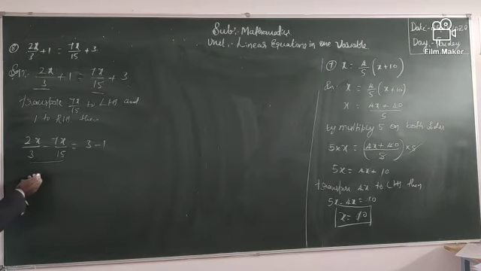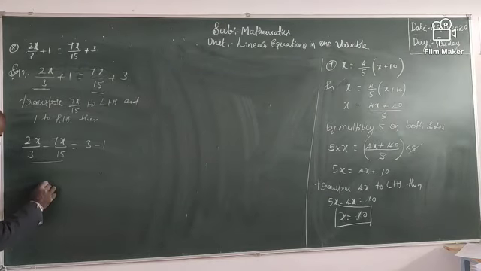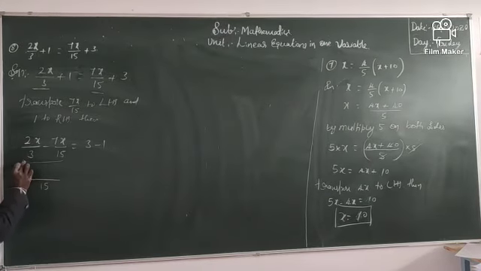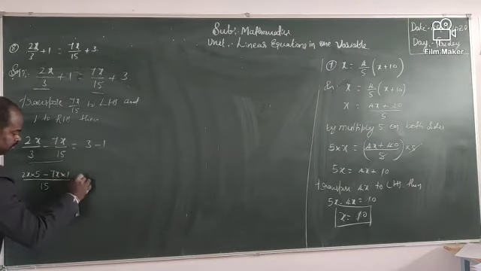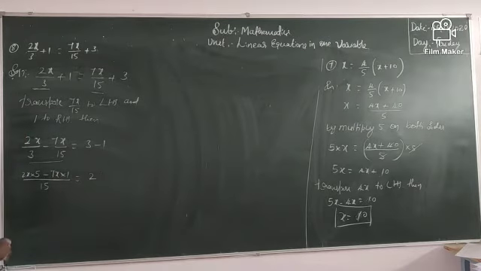Take the LCM. This is in fractional form, so we take the LCM. LCM of 3 and 15 is 15. If you divide 15 by 3 you will get 5. This 5 is multiplied by 2x, minus 7x into, dividing 15 by 15 you will get 1, which is equal to 3 minus 1, that is 2.